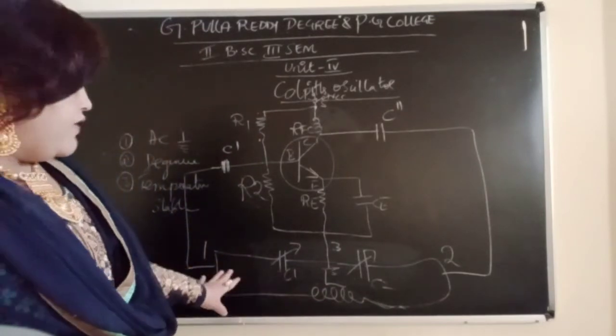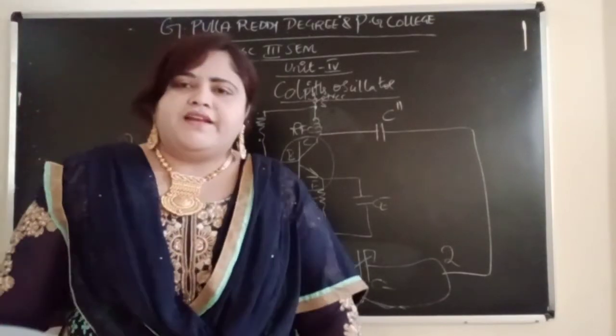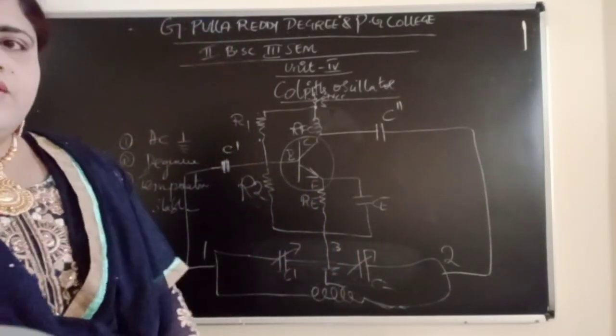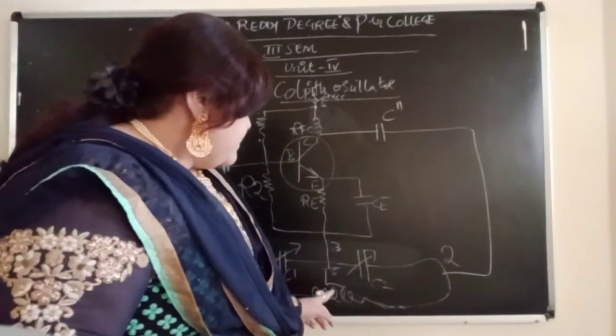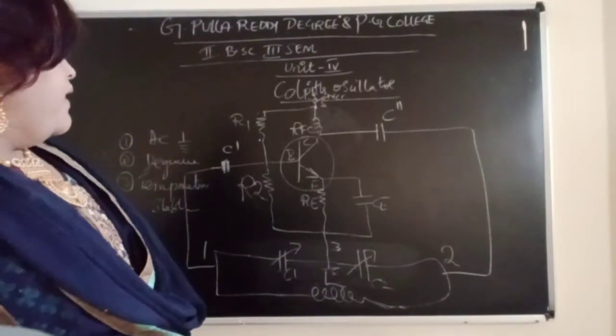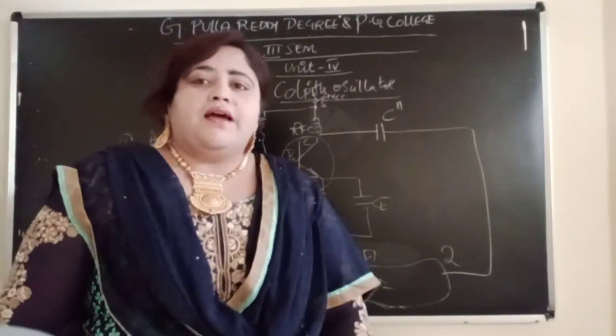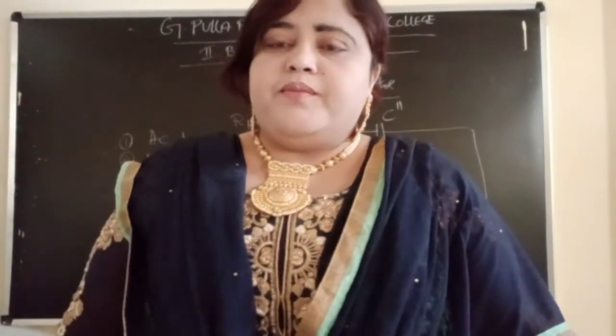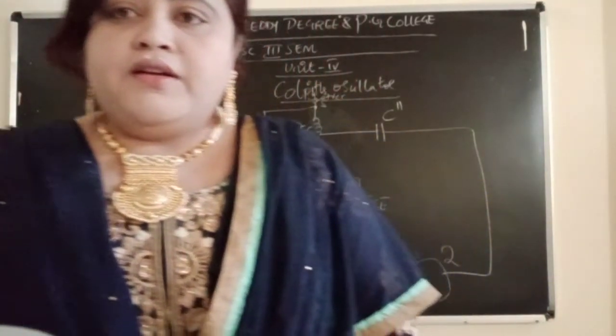That means it will provide only 180 degrees of phase shift. In the feedback network you have two capacitors and one inductor, and this feedback network will provide only 180 degrees of phase shift.